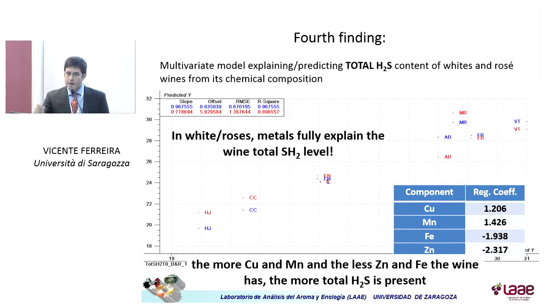So, in general, the more copper the wine contains, the less zinc and the less iron, the more total hydrogen sulfide the wine contains. Quindi, ad esempio, nei vini bianchi e rosati maggiore è la quantità di rame e minore la quantità di zinco e di ferro, e maggiore sarà il livello di idrogeno solforato totale presente.